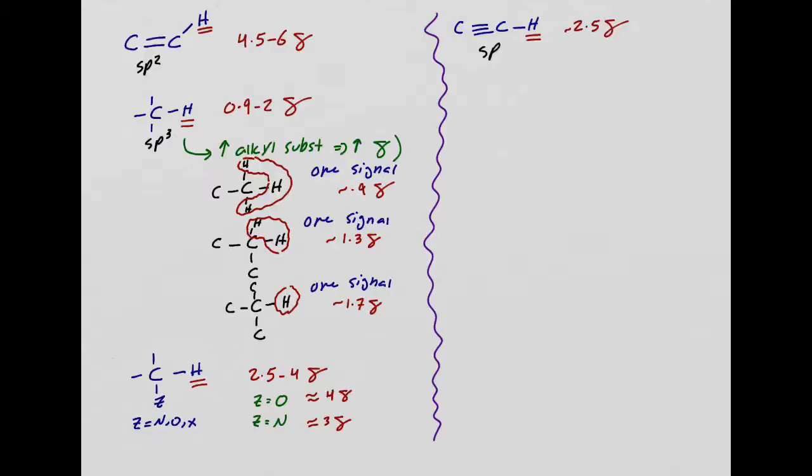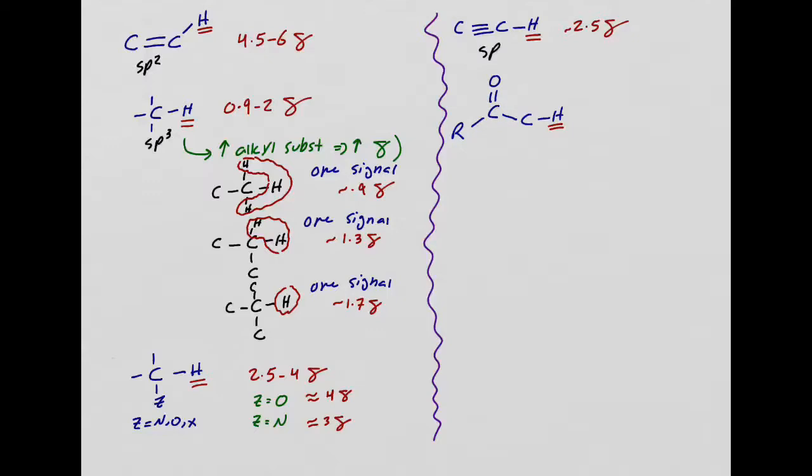Now, one last one I want to talk about. What if I have a carbonyl group and I am looking at the hydrogen over here? This is the hydrogen I'm looking for. So the hydrogen is attached to a carbon that is attached to a carbonyl group.